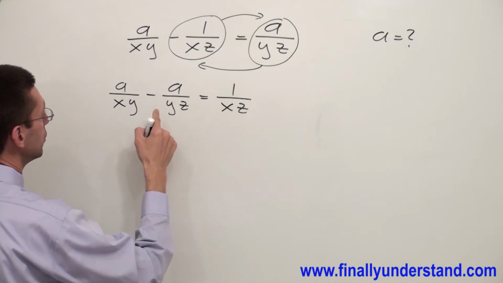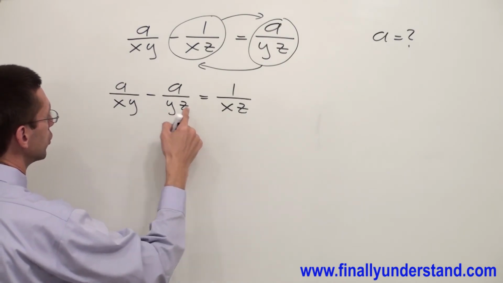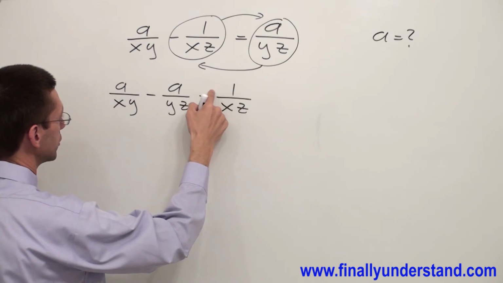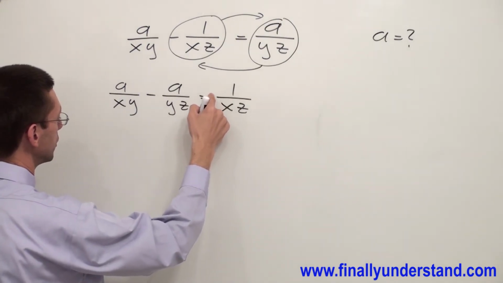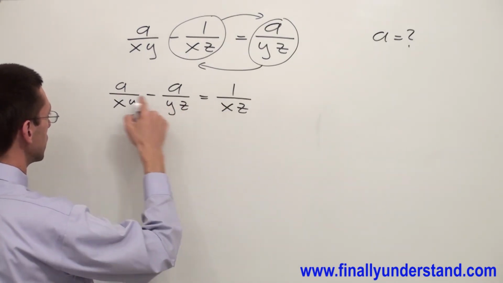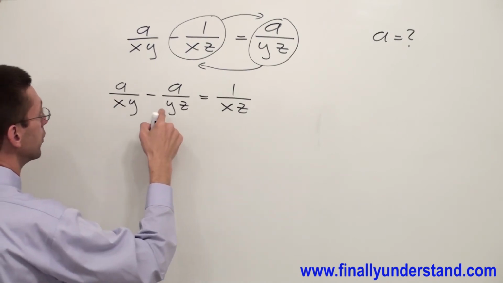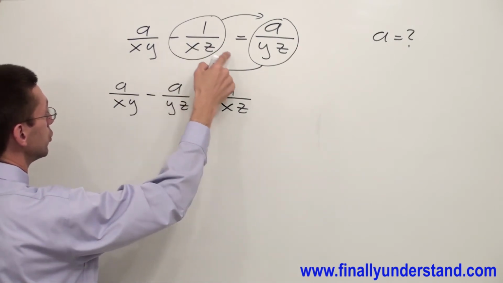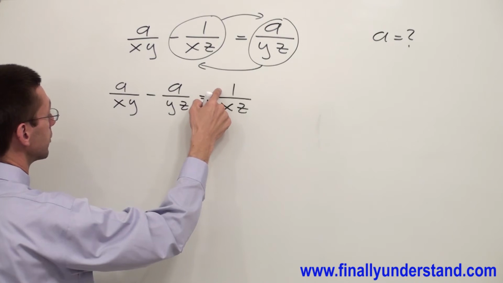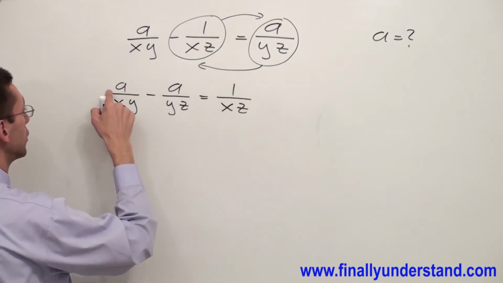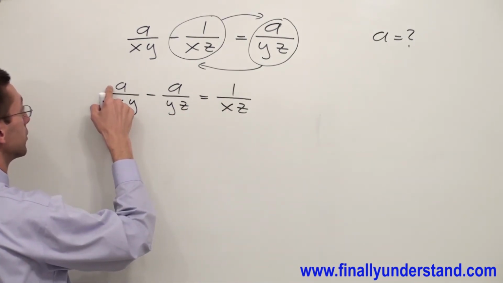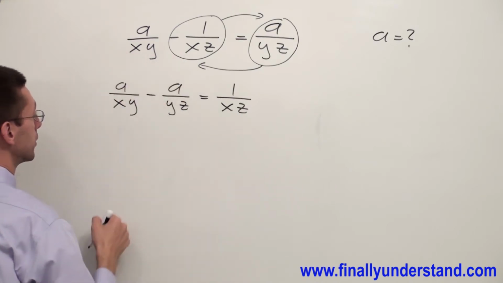I try to make sure that I'm not going to have extra negative signs somewhere in front of this fraction, or let's say somewhere over here. So that's why I moved this fraction to the right in order to have it positive. And I wanted also to keep this fraction positive, that's why I didn't move this to the other side.